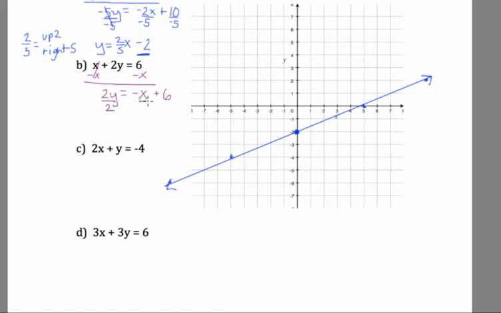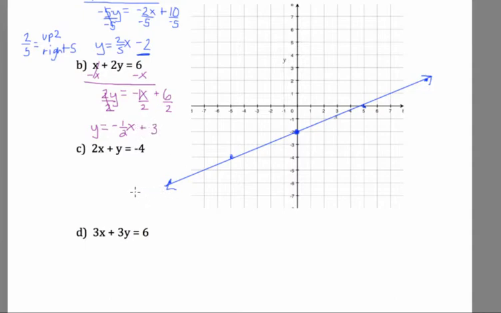I need to divide every term by 2. Okay, let's look at this one. Negative x over 2. Remember that when you have a negative x, that's the same as negative 1x. So this is actually the same as negative 1/2 x. 6 divided by 2 is 3.